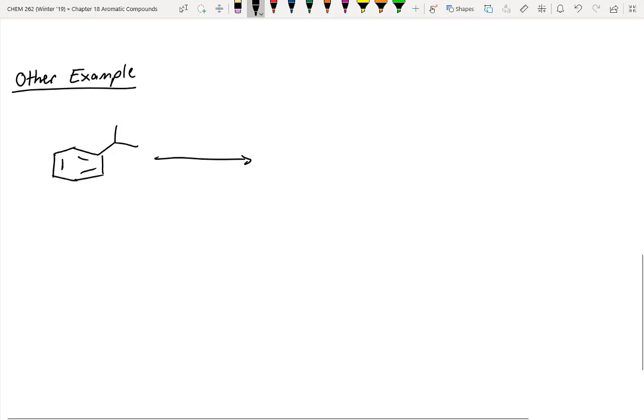So we could use potassium tert-butoxide, but the problem is we don't have a leaving group on there yet. Now we can add a leaving group. So now we can use NBS and heat. And then in this case, we've got a few options.